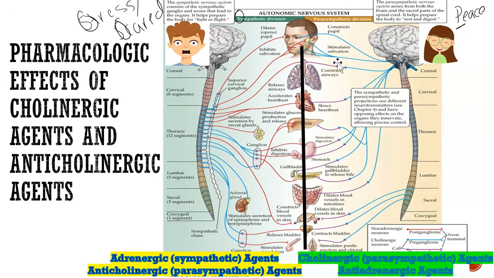So if you look at the bottom, it says cholinergic agents or antiadrenergic agents. If you get a drug from this category, cholinergic agents or antiadrenergic agent, it will mimic these symptoms. If I get a drug from these categories, so an adrenergic agent or an anticholinergic agent, then it will mimic these symptoms.